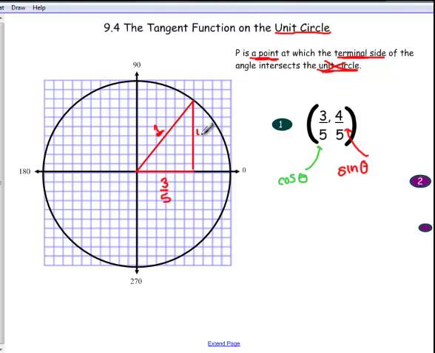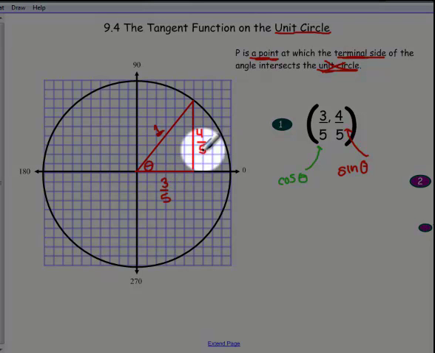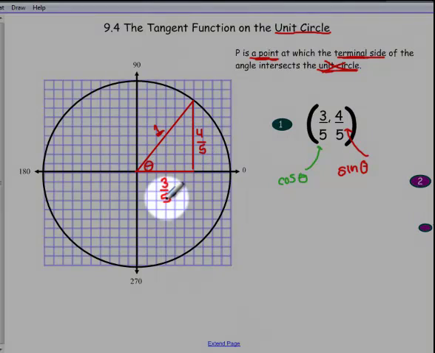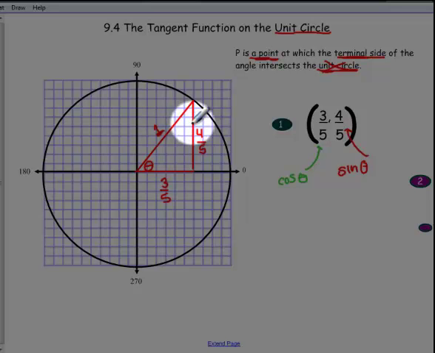And this side must be 4/5 because it's the y value. Then here's my angle right here. And the sine of that angle is the opposite side over the hypotenuse. The cosine is the adjacent side over the hypotenuse.